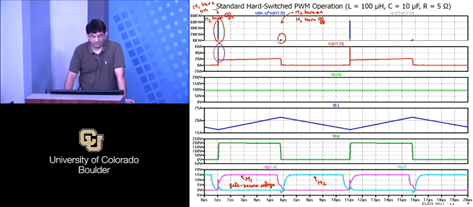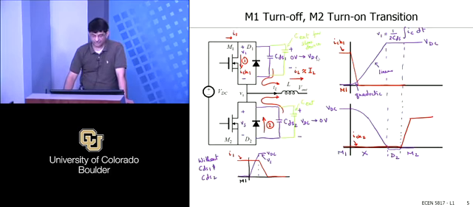Last time we focused on that, and it turned out that was not really a lot of energy loss, because it was really energy going into the output capacitances associated with M1 and M2. We looked at that transition, and this was M1 turning off.